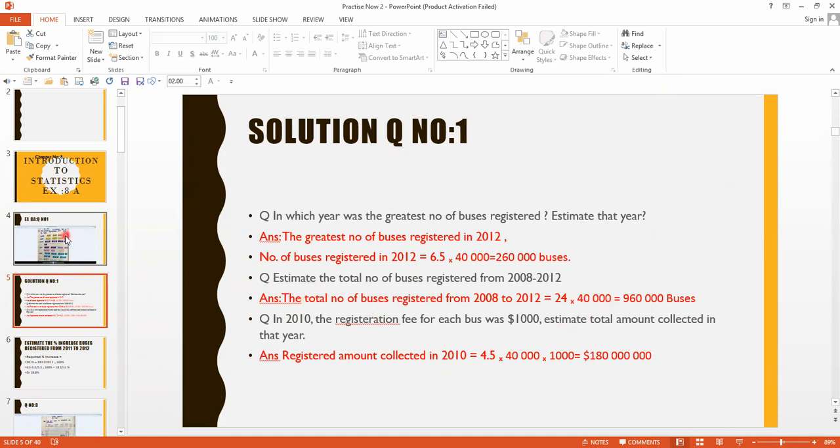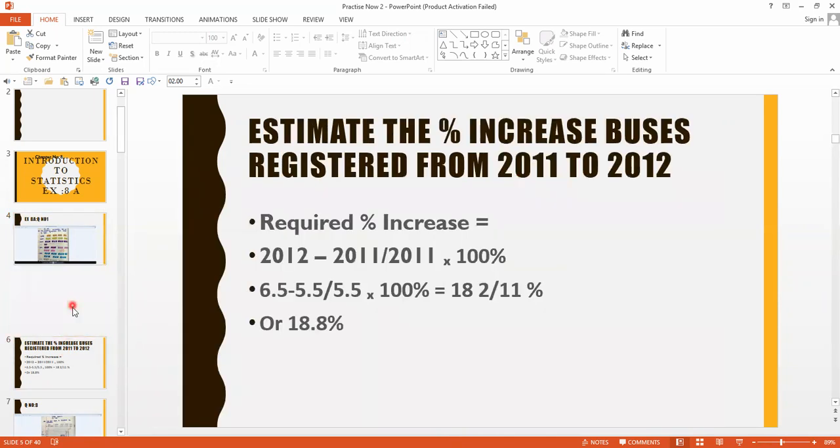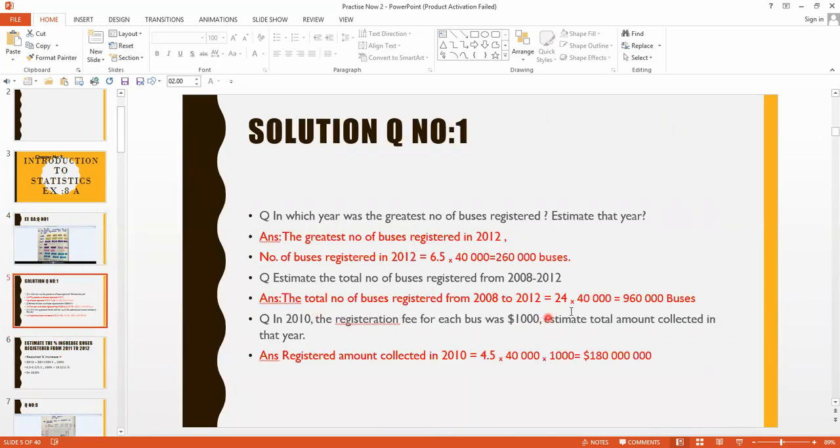The second method is that, look here, we have to count all the buses. When we count all the buses, and you know that 2 half buses make the full one, how many total buses are there? 24 total buses are there. You simply multiply it by 40. So it becomes 960,000 buses.